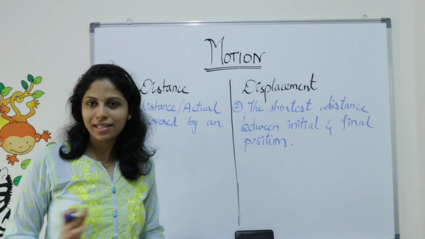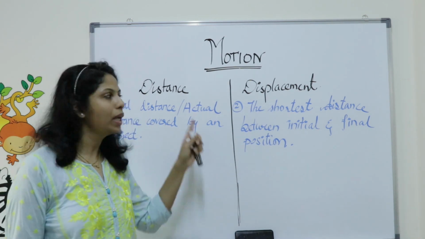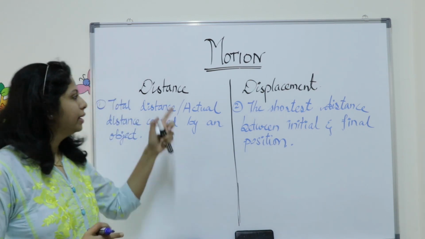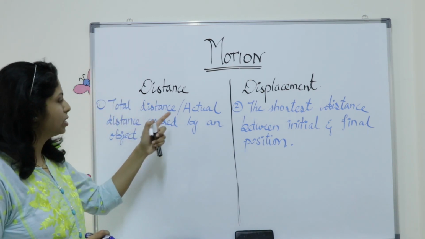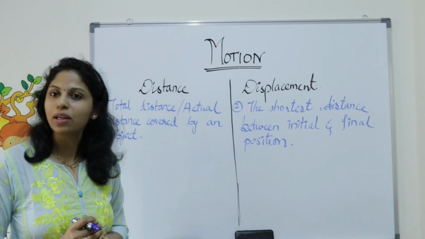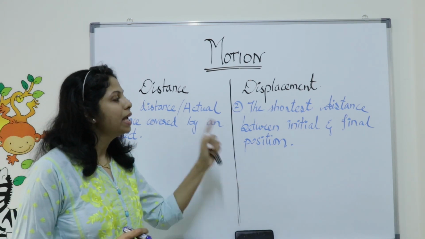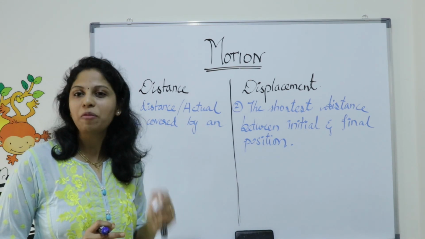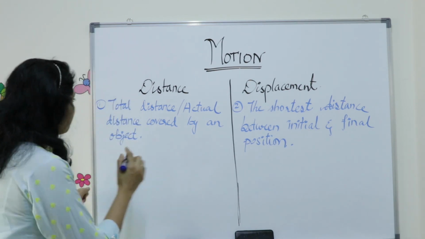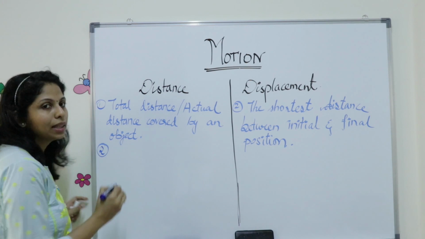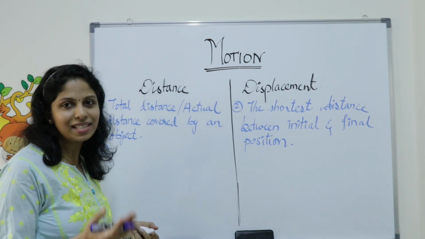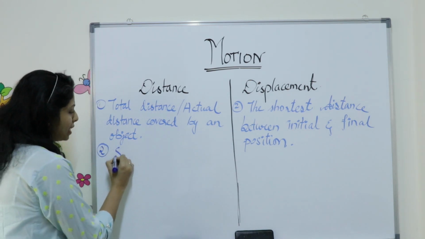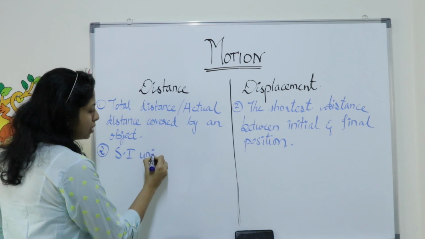Okay, so now let us differentiate between distance and displacement. By definition, as I have already told, distance is nothing but the total distance or actual distance covered by an object, whereas displacement is the shortest distance traveled by an object between initial and final position. Now, we measure distance and displacement based on the SI unit. So the SI unit of distance is meters.